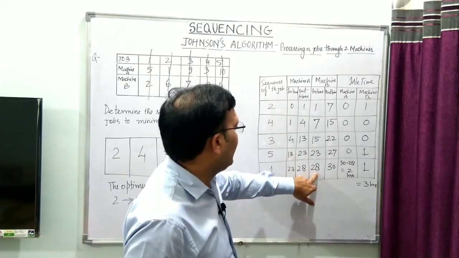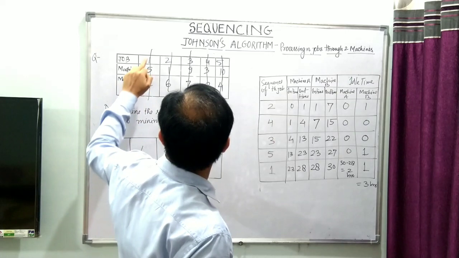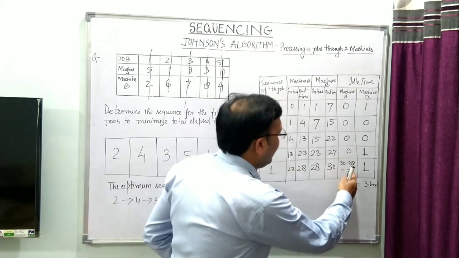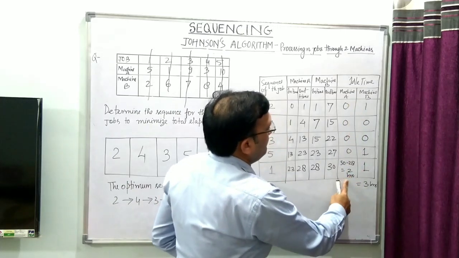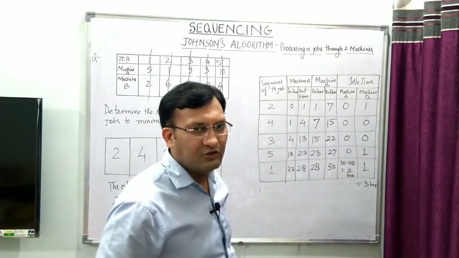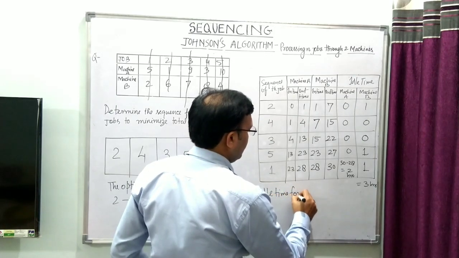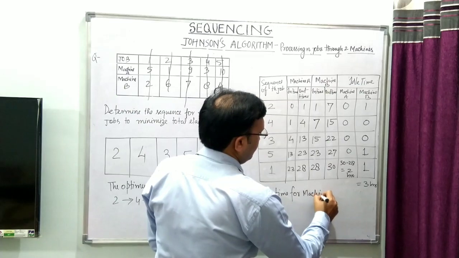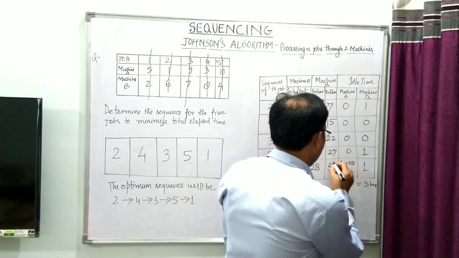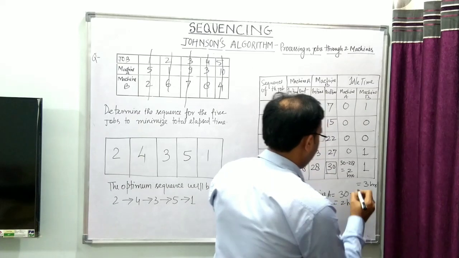So at 28 machine B will start, and how much time will machine B take to perform job 1? It takes 2 hours. So 28 plus 2 is equal to 30. So 2 hours is the idle time for machine A, and 3 hours is the idle time for machine B, right? So idle time for machine A is equal to 30 minus 28 is equal to 2 hours, right?